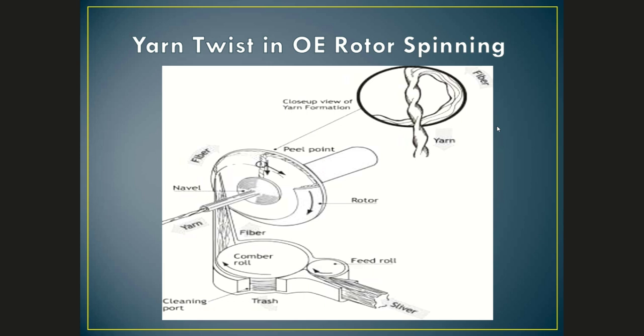One possibility is that the fiber is just emerging from the transport tube and is being picked by the yarn tail. Another is that part of the fiber is still in the transport tube, some is on the rotor surface, and it is being picked. The third possibility is that the fiber is fully embedded on the rotor surface and is being picked. So these are the possibilities that we can have.